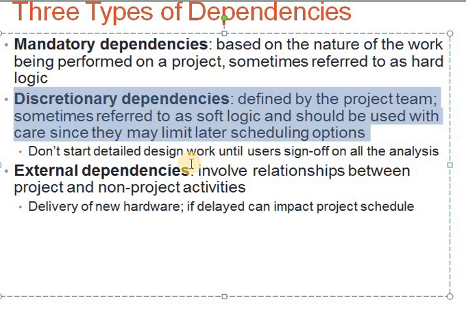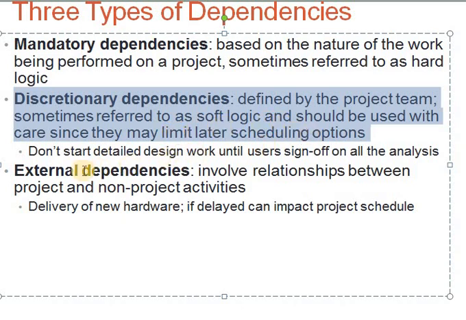Basically, these types of dependencies will be defined by your project team, and they are referred to as soft logic, and they should be used with proper care because they can limit your scheduling options.